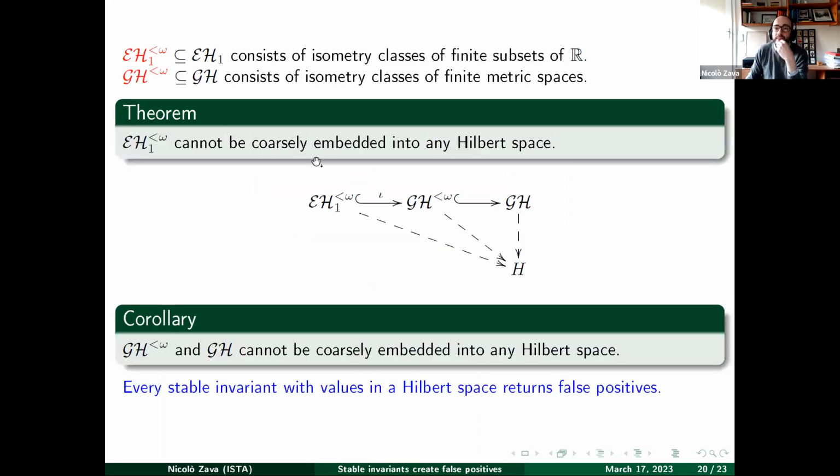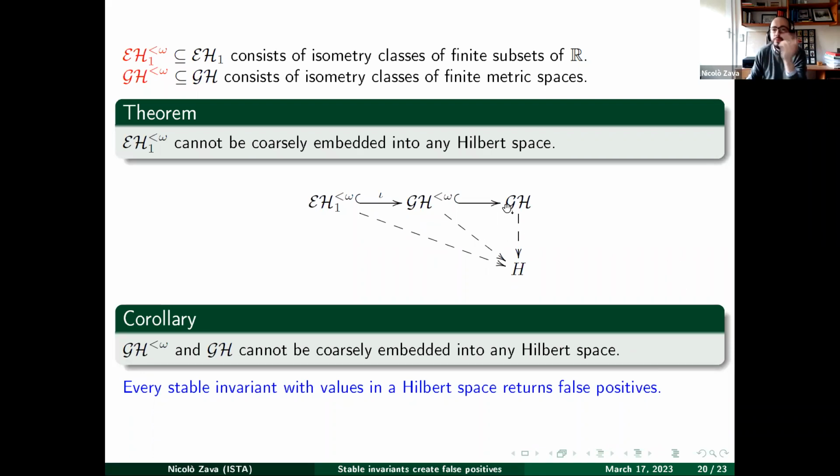So now I can state the major technical result, saying that the space consisting of isometry classes of finite subsets of the real line with the Euclidean Hausdorff distance cannot be coarsely embedded into any Hilbert space. And from this result, the result for the Gromov-Hausdorff space, or even for isometry classes of finite metric spaces with the Gromov-Hausdorff distance, immediately follows.